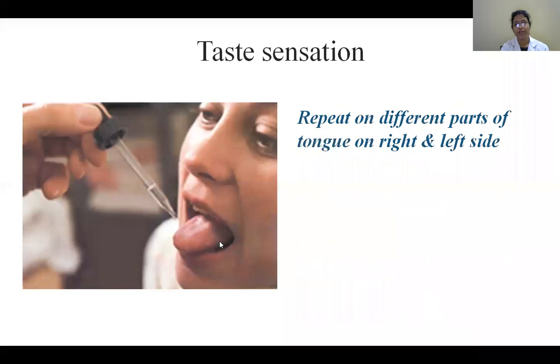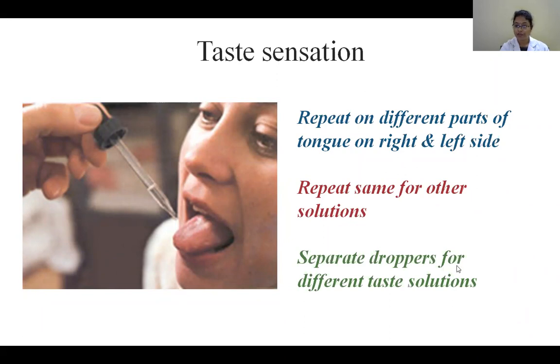The same thing we do with the different parts of the tongue, both on the right side as well as on the left side. If you have started with sweet, then you use salt, then sour, and bitter solution should always be used last. Separate droppers for separate taste solutions, and bitter at the last.